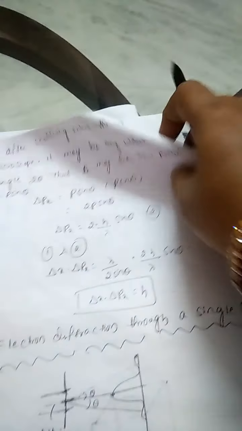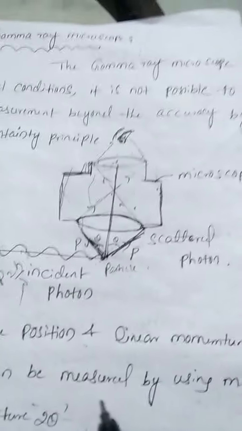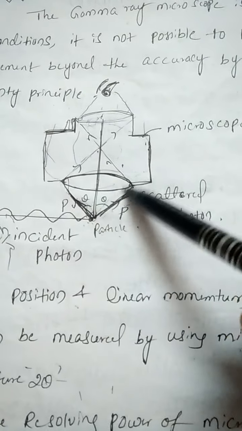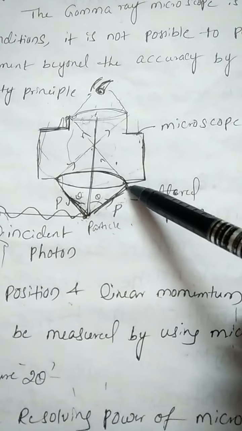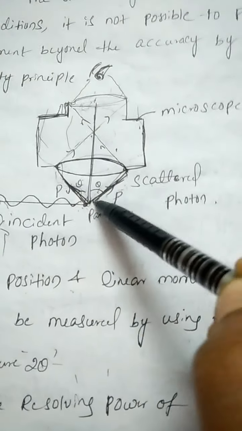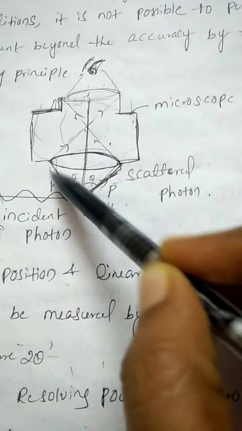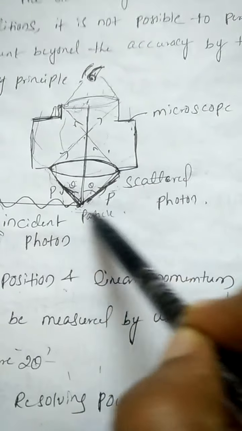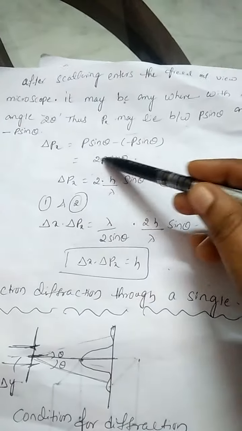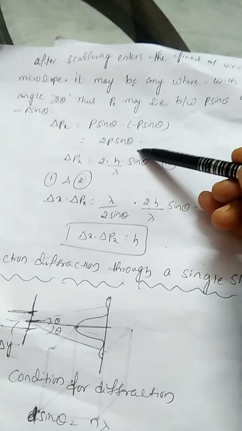That means after the scattering of the electron in this field of view, its momentum becomes along this direction and this direction, that is p sin theta and minus p sin theta. So the total momentum uncertainty of the electron is p sin theta minus of minus p sin theta, that is 2p sin theta.